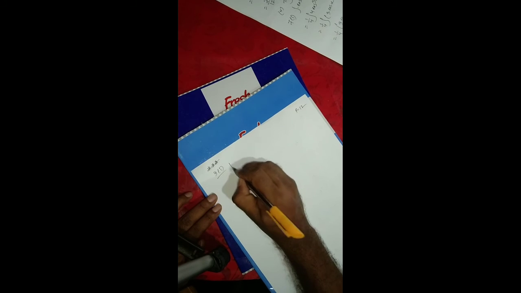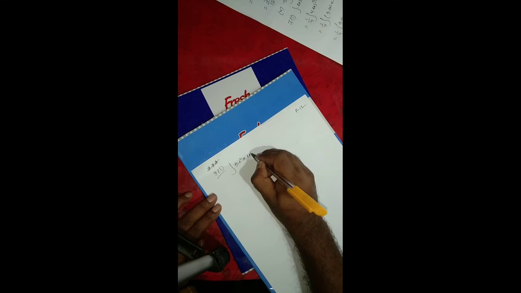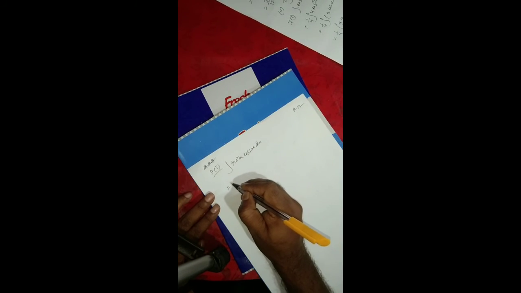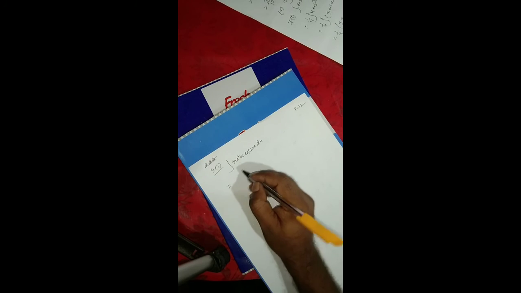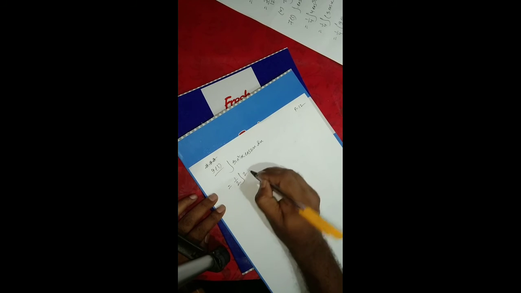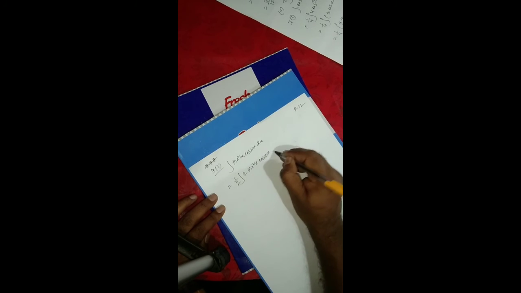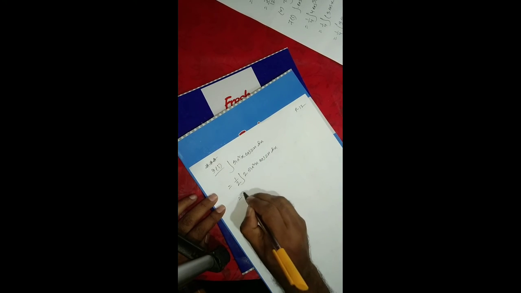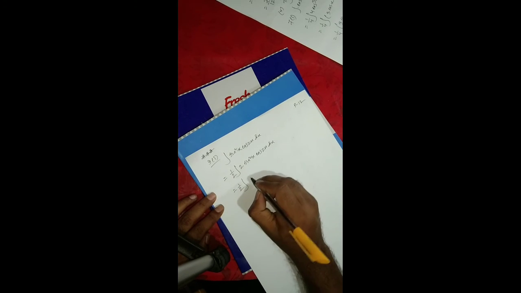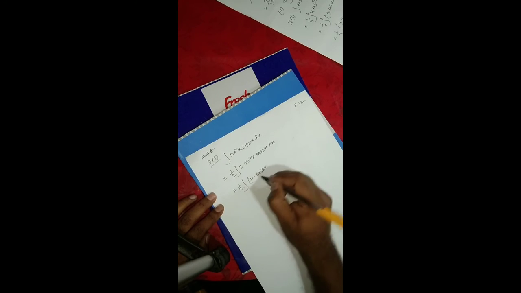Sine square x cos of 2x dx. Now only sine square, so we take 2 and 1 by 2 sine square x cos of 2x dx. Now 1 by 2, for this we take 1 by 2. Now 2 sine square x is 1 minus cos 2x.